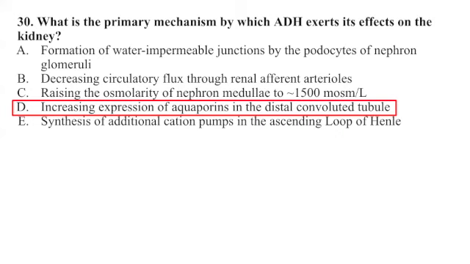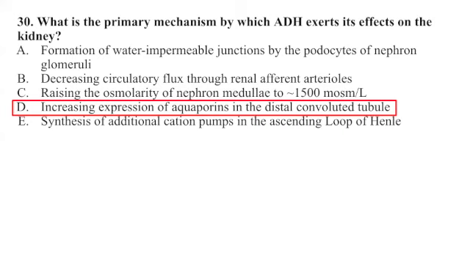Statement A is incorrect because podocytes, along with the glomerular endothelium and the basal membrane, form the filtration barrier and are not directly involved in the regulation of water reabsorption. They really just act as a sieve. Statement B is incorrect because only vasoconstrictors can decrease the flow through the afferent arteriole.